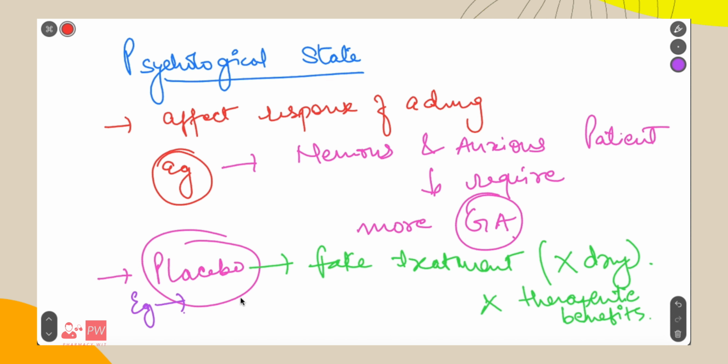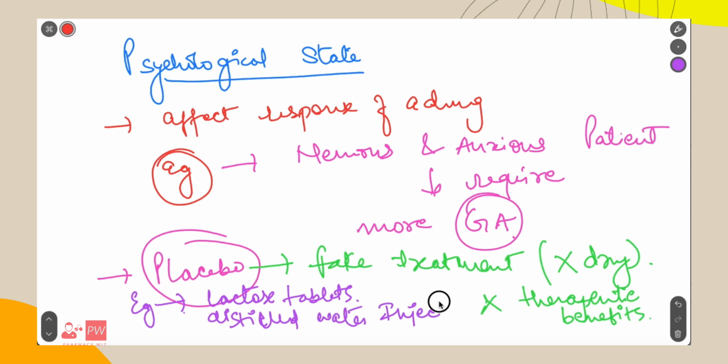Some placebo examples are a lactose tablet and a distilled water injection. Sometimes patients get psychological effects from a placebo, so placebos are often used in clinical trials of drugs.